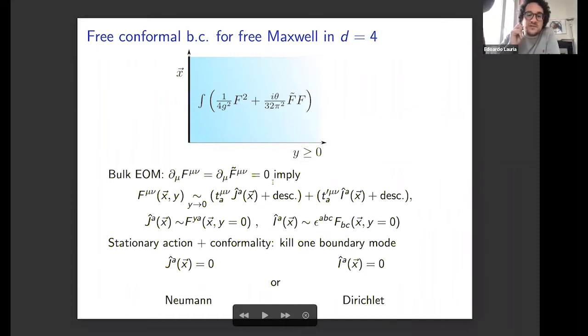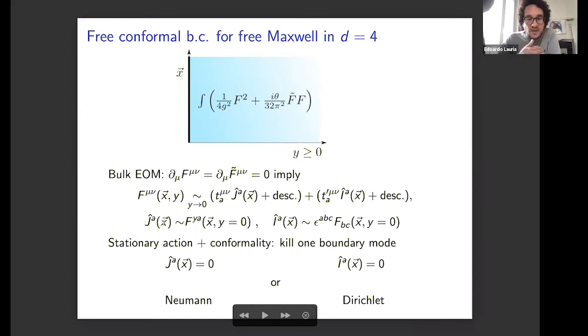And now it turns out that these equations of motion will also constrain the form of the near boundary expansion of the bulk field strength, F mu nu. And in particular, if you push F mu nu to the boundary, there are only 2 possible allowed boundary modes. These 2 possible allowed boundary modes, which here I call J hat and I hat, are 2 conserved currents.